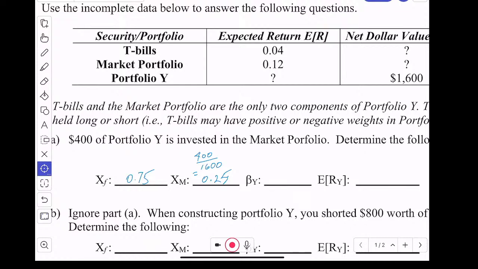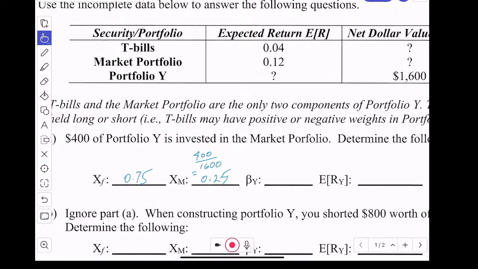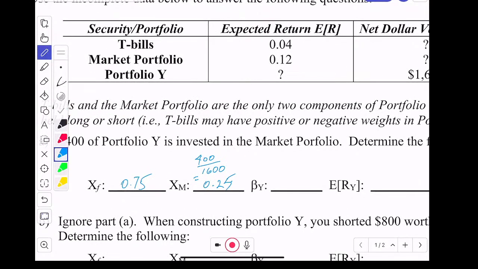What's the weighted beta? The weighted beta is the weight on the risk-free asset times its beta plus the weight on the market portfolio times its beta.